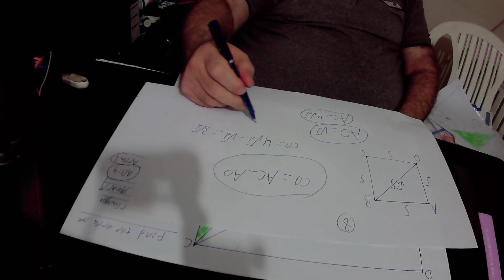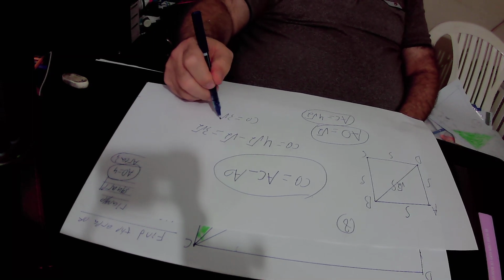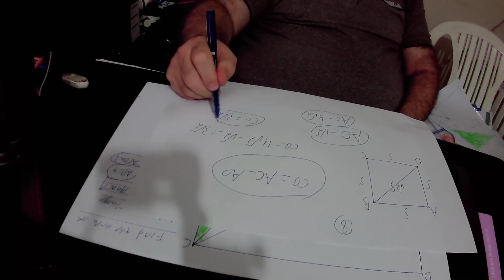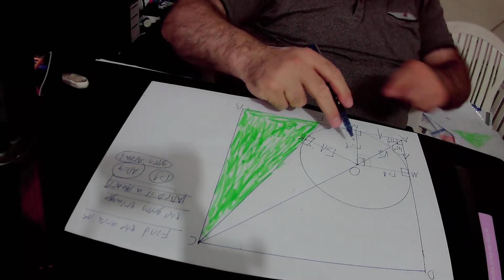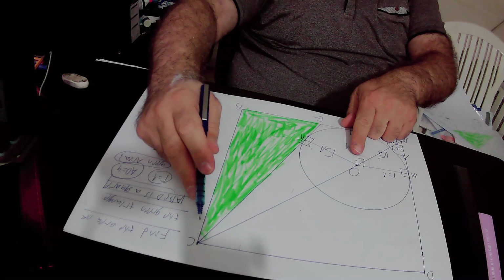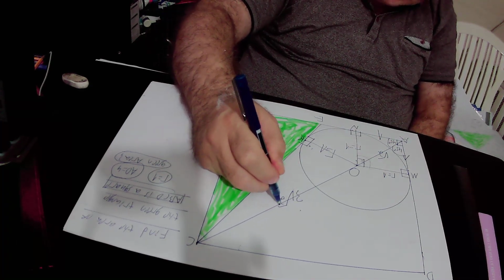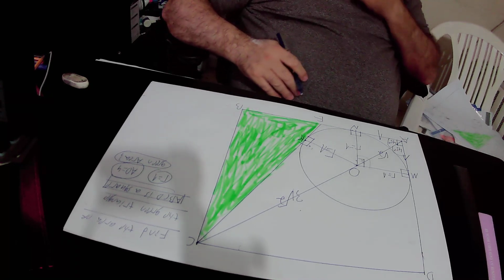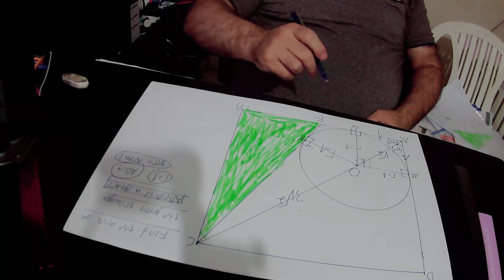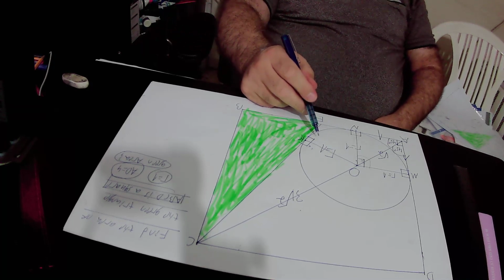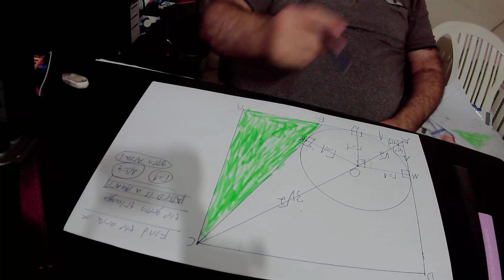So we found out that CO equals 3 times square root of 2 units. So we can write here that this line segment CO equals 3 times square root of 2 units. Okay? And we also know that KO equals 1 unit. It is the radius of this circle.